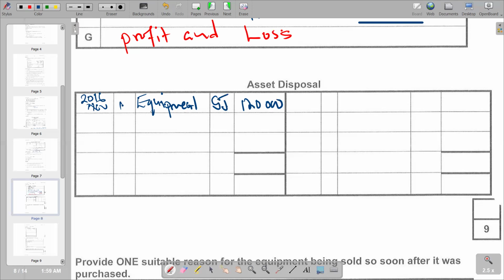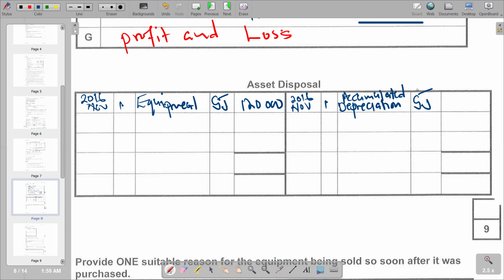And then we need the accumulated depreciation, which should be on the credit side. The date is still the same, 2016, November 1. And accumulated depreciation, general journal again.